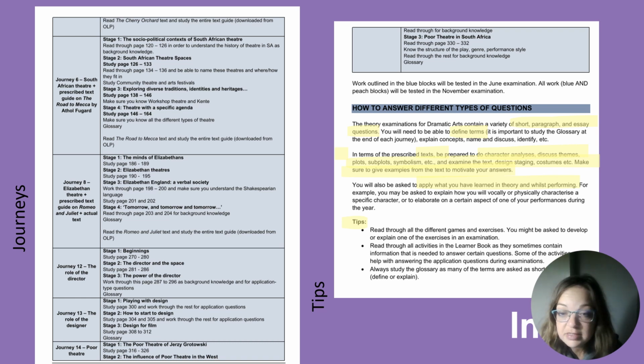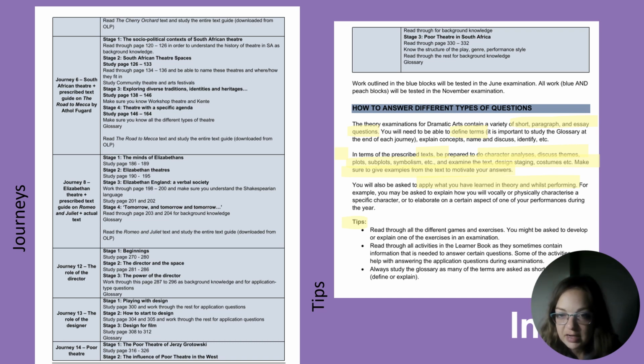Okay, then other things about the plays and the performance are also the technical elements. So you will look at, firstly, the text and how it's written and what it's like, and do a text analysis.